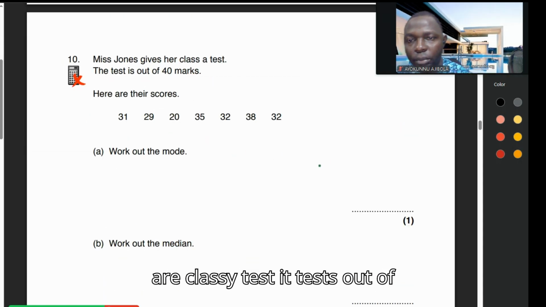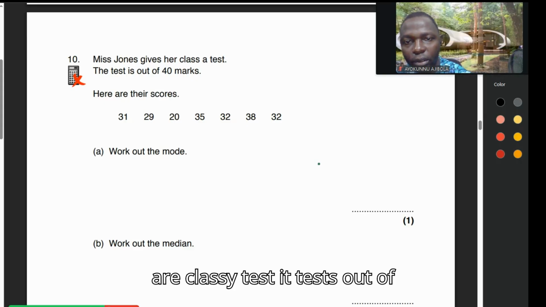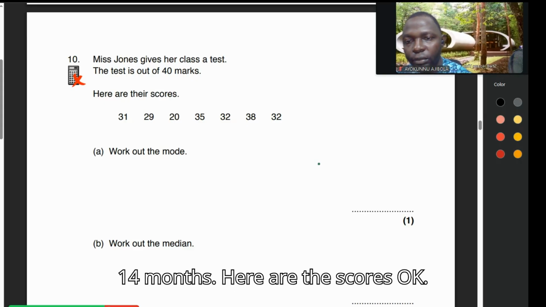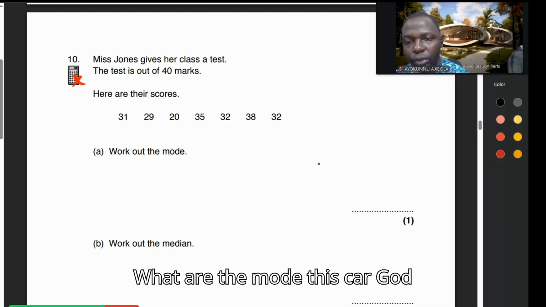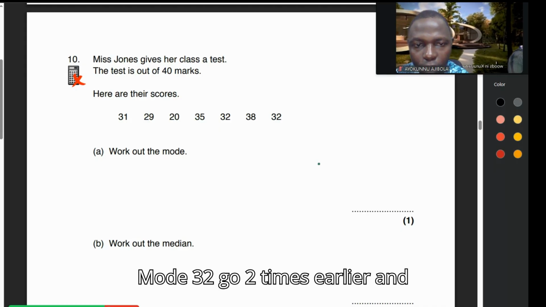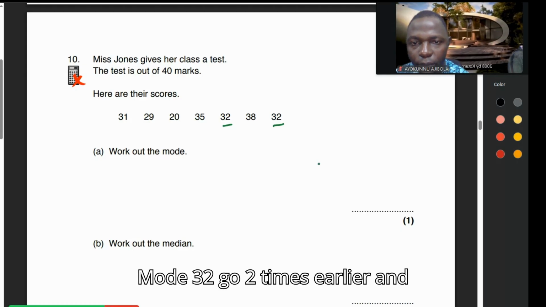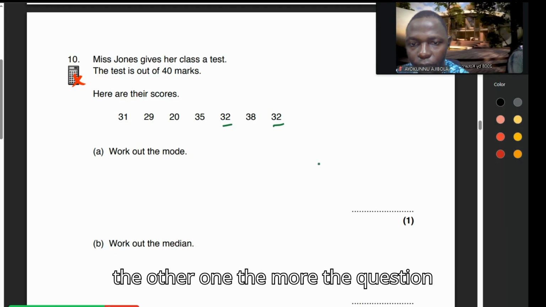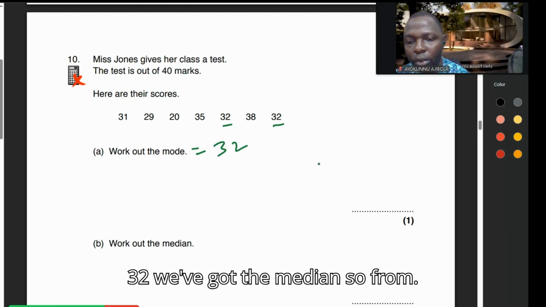And number 10, Miss Jones gives her class a test. The test is out of 40 marks. Here are your scores. What is the mode? Which score got most? 32 got 2 times. The mode equals 32. Look at the median.